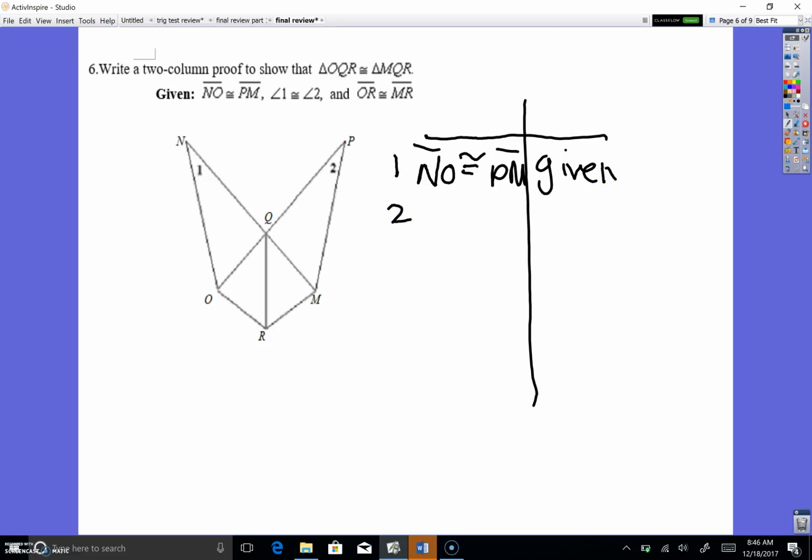Angle 1 is congruent to angle 2, as given. So far, this is congruent to this. NO is congruent to PM. This is congruent to this. And OR is congruent to MR.